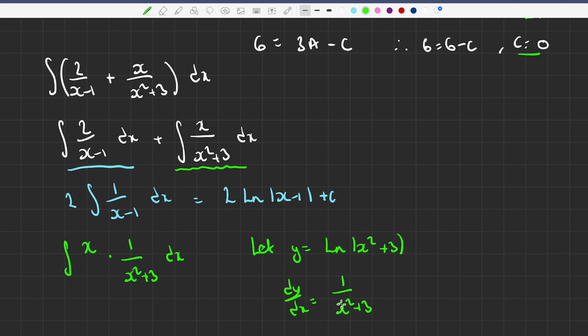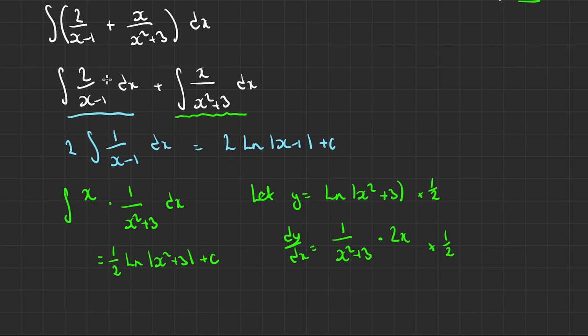But now we need to multiply this by the derivative of x squared, so we multiply it by 2x. So if you look at our derivative and our integral, we need to scale this to cancel out this multiple of 2. So we'll multiply this by a half, which means we need to multiply y by a half. And this will give us our integral. So this will be equal to 1/2 times the natural log of x squared plus 3, plus the constant term.